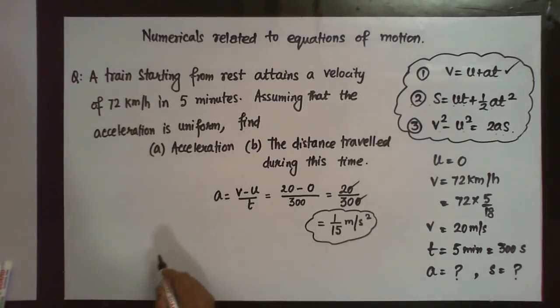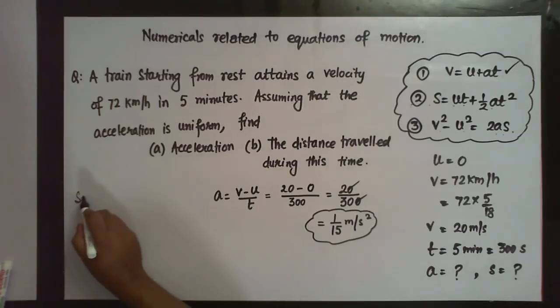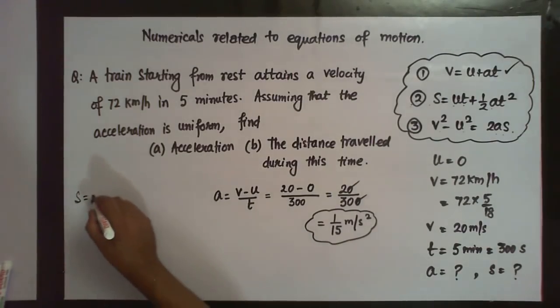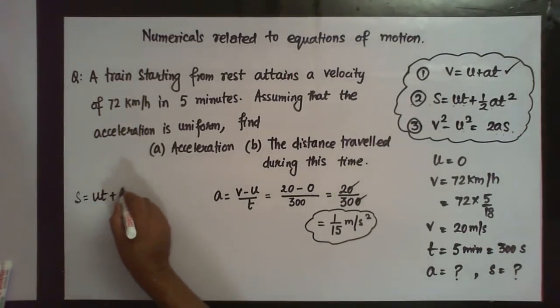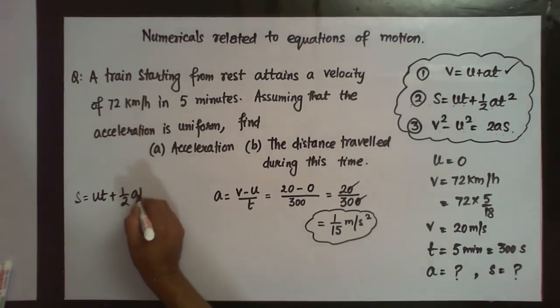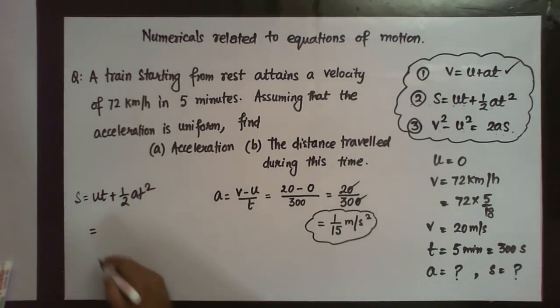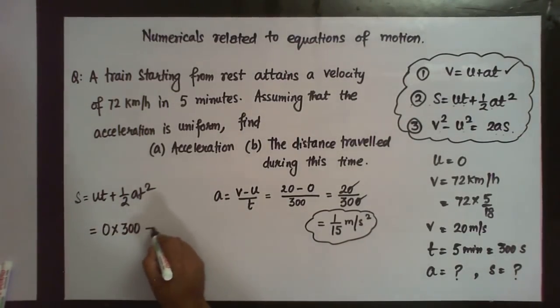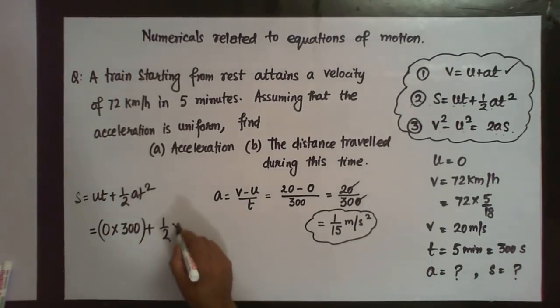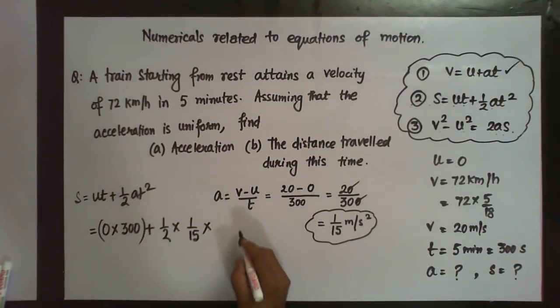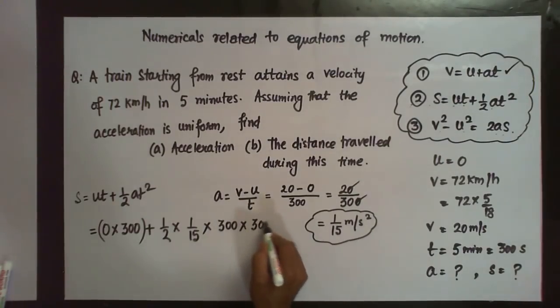So S is equal to ut plus half a t square. So what is u? 0. Time is 300, plus half, a is 1 by 15, and t square is 300 multiply 300.